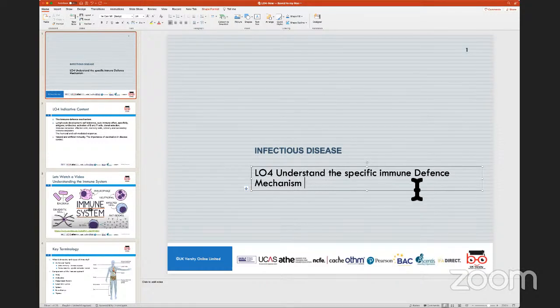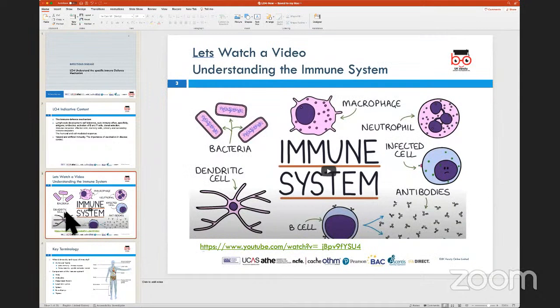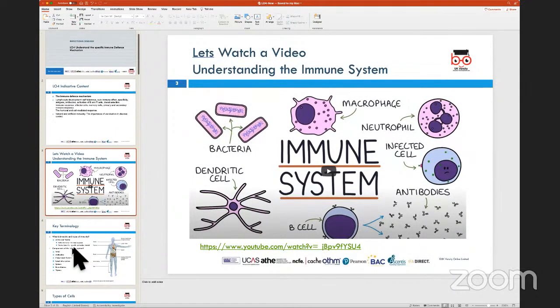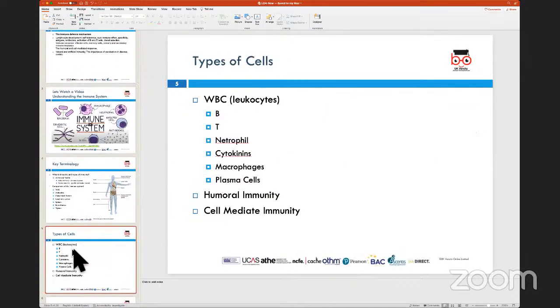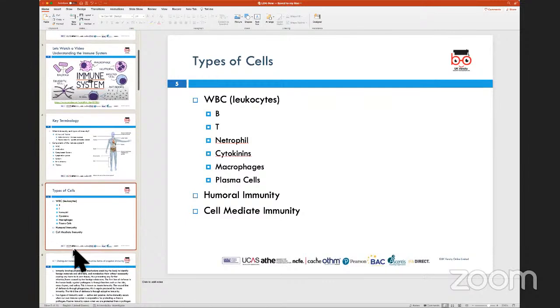In order to understand this, you would need to know in summary what the immune system is and what the key components of the immune system are. We will be looking at the types of cells which play the most vital part in the defense of your immune system, and at controlling the spread of infection and infectious diseases when a pathogen infects or is detected within the bloodstream.